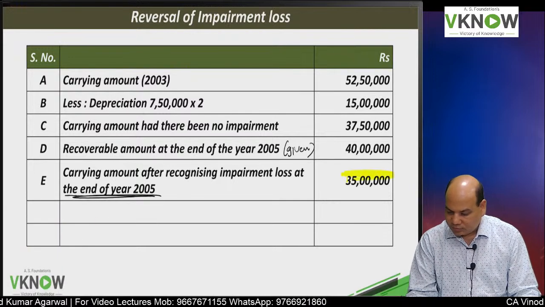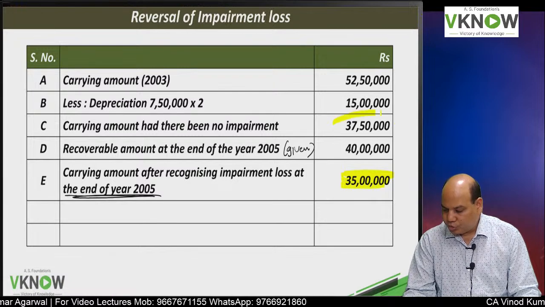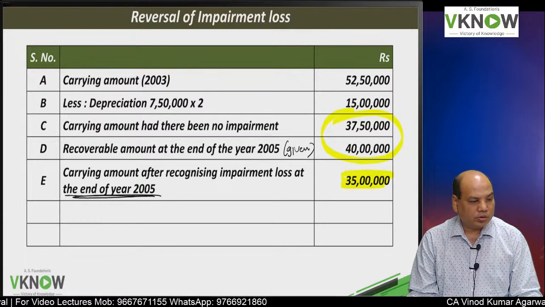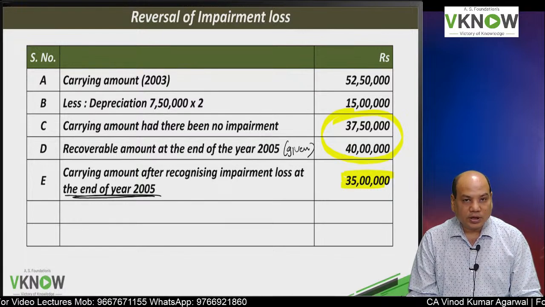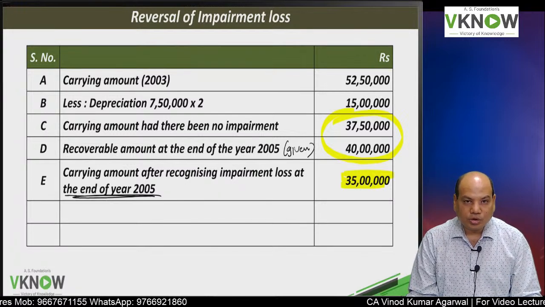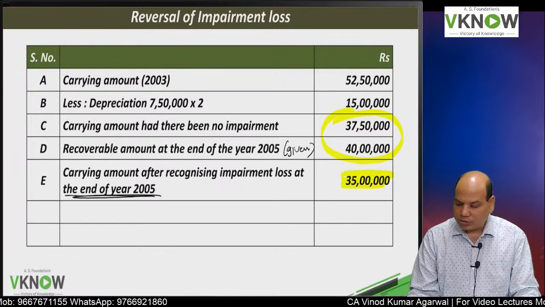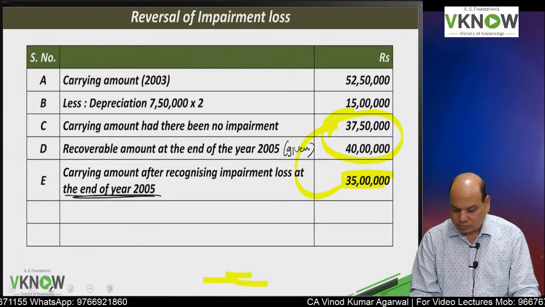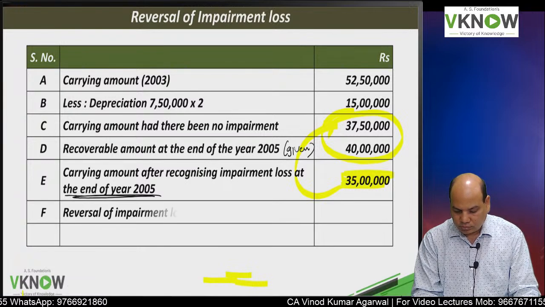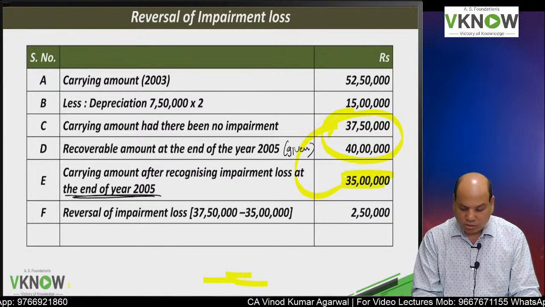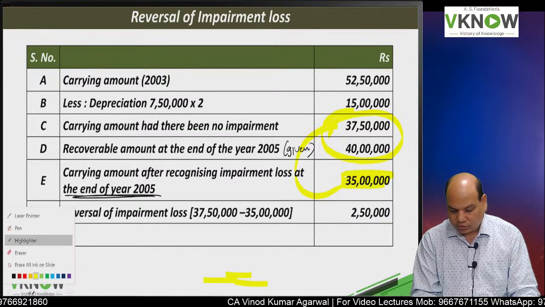So here we have to choose the lower of the two. After reversal, the carrying amount should not exceed the lower of the recoverable amount and the notional carrying amount, which is 37,50,000. So I will have to reverse 2,50,000. Reversal of impairment loss 2,50,000.